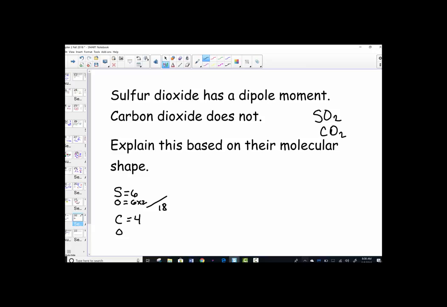Carbon dioxide has 16 total electrons. So let's take a peek. Put the least electronegative in the center, attach the other atoms to the central atom, keep tally, and fill the octet of everybody but the central atom.